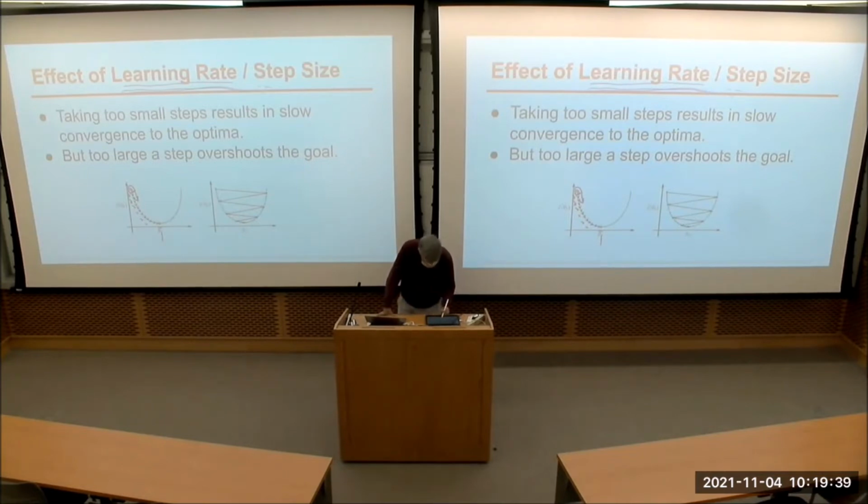It should also be clear that if alpha is too large, and let's say you're relatively close to the goal compared to alpha, taking a step in a particular direction might well overshoot the goal. And you could imagine going from one side to another, not really making progress towards getting to the goal.